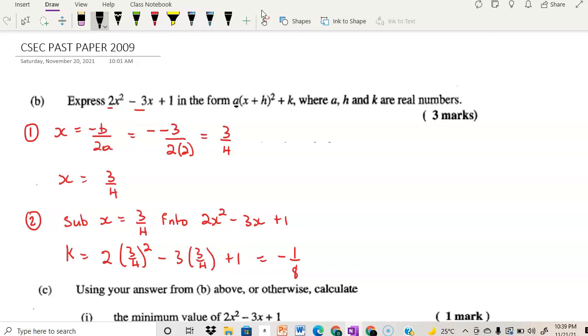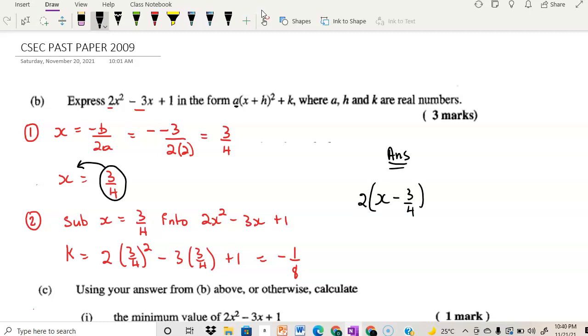So let's put things into perspective. Our answer is where a is 2, so we're replacing the a with 2. Inside the bracket, we take our 3 over 4 and transpose it, carry it over to the side with the x, and that gives us x minus 3 over 4.